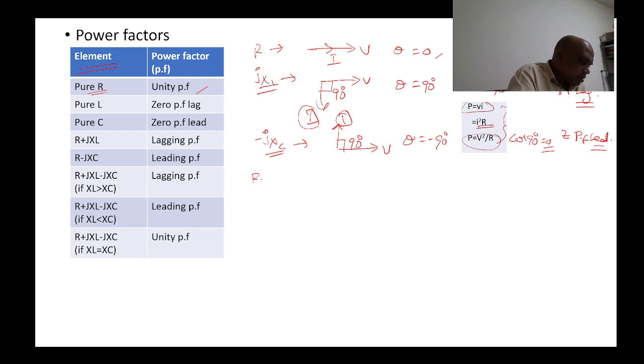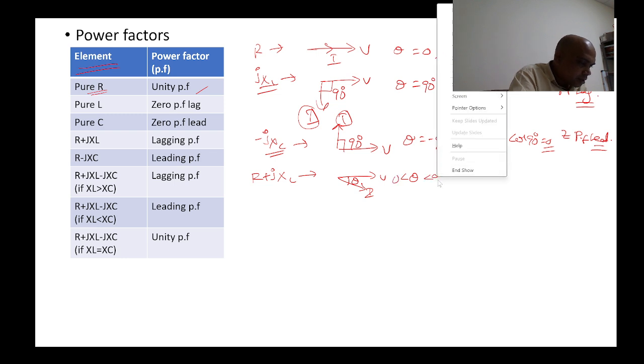Suppose you take a combination of R plus jXL. Now current lags behind the voltage by some angle, not 90 degrees, not 0 degrees. Some angle, so that theta is between 0 and 90 degrees.